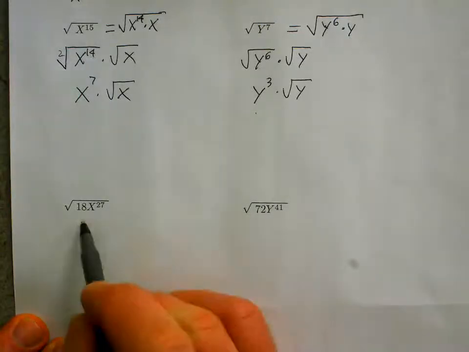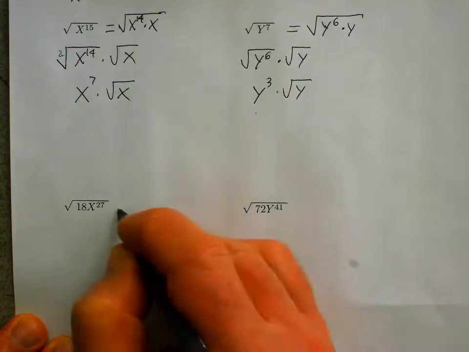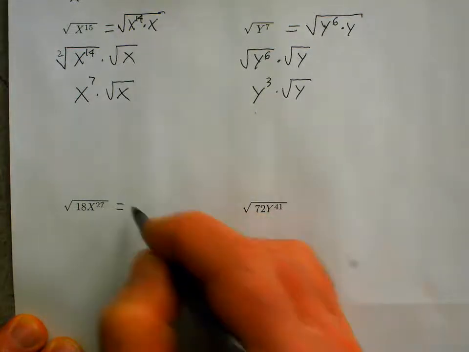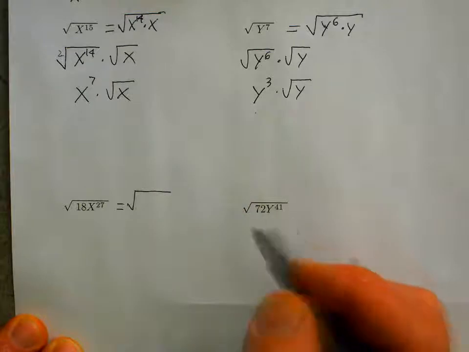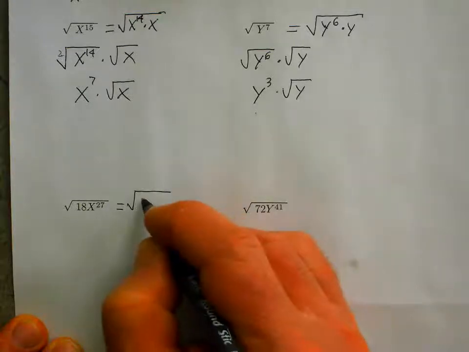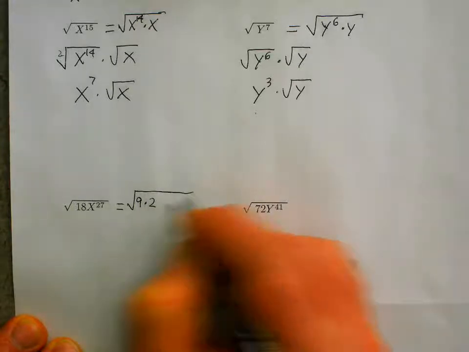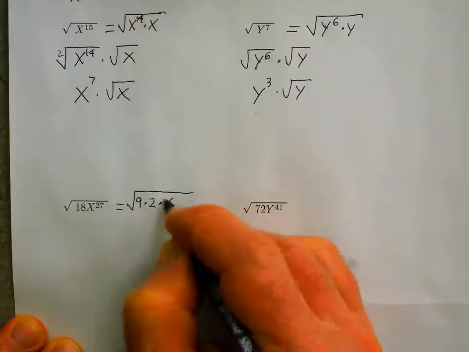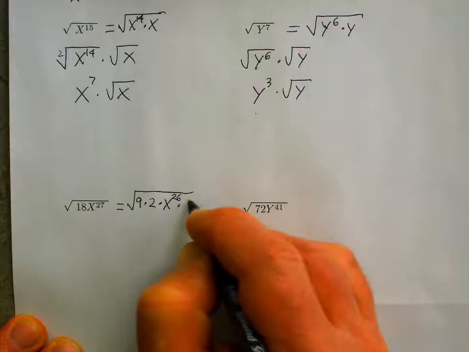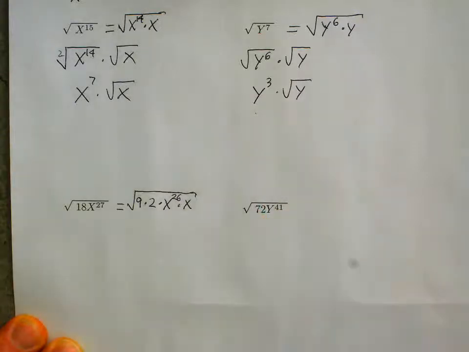So we can rewrite this as 9 times 2 times x to the 26th times x inside the square root.